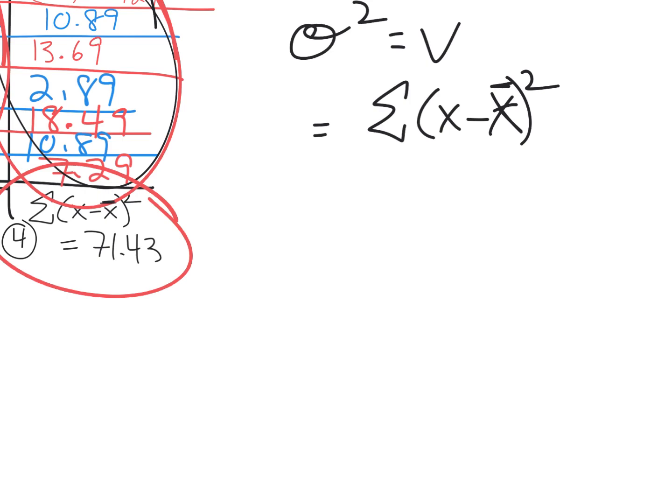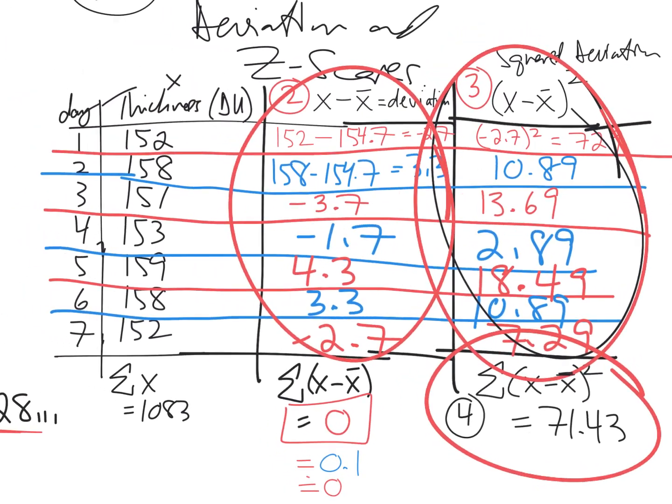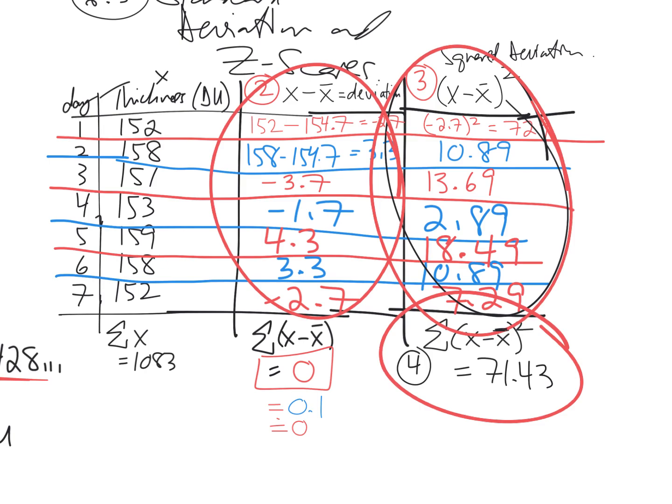Typically for sample data, you divide by n minus 1, and if it's population data, you divide by n. Because every day of the week was included and they were targeting this week, we'll treat this like population data.